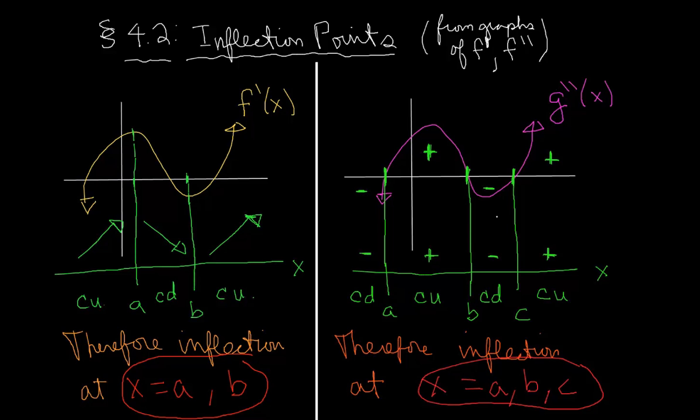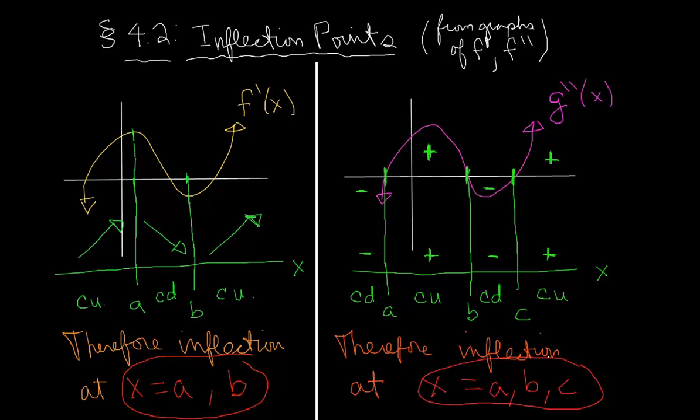Even though the pictures were the same, the fact that they represented different functions told us that the inflection points of the original function actually are different. See, in the left picture where we have the derivative, we only had 2 inflection points, whereas on the right we had 3 inflection points. If the function had a second derivative that looked like this purple graph, then we'd have 3 inflection points.